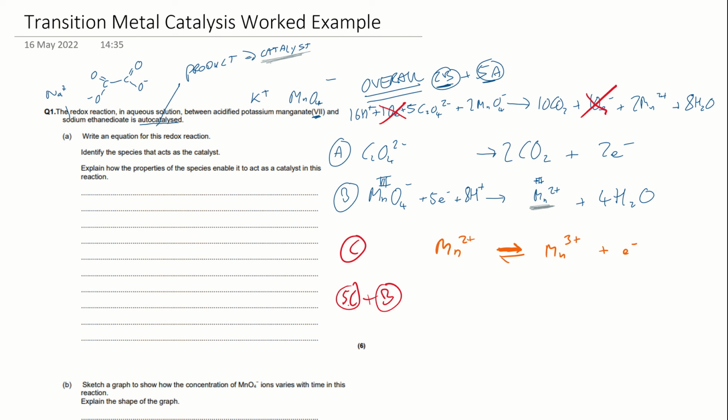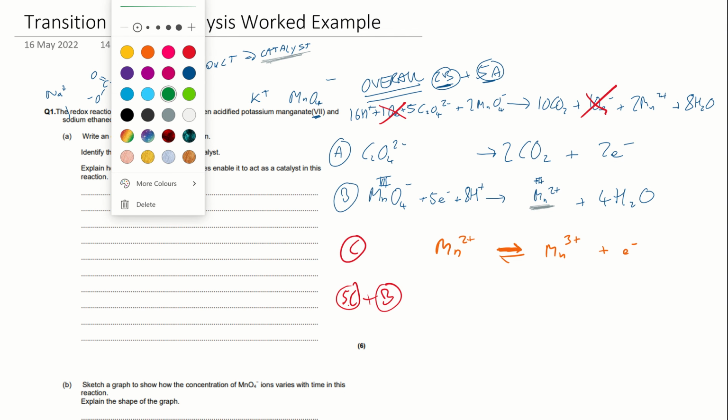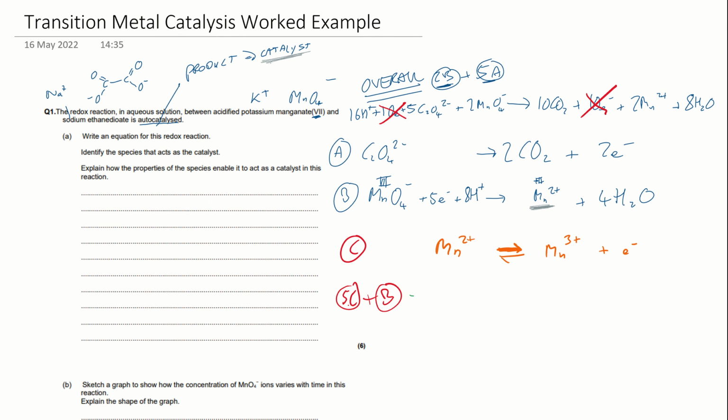So let's go with a different colour again, and let's add these things together. So that would be one of the top ones: 1 of B, MnO4 minus, plus, again, I'm going to write the electrons in and then cancel, because it makes sure I'm doing things correctly. Leave space for C. 5 of C would be 5 Mn2 plus goes to make 5 Mn3 plus.